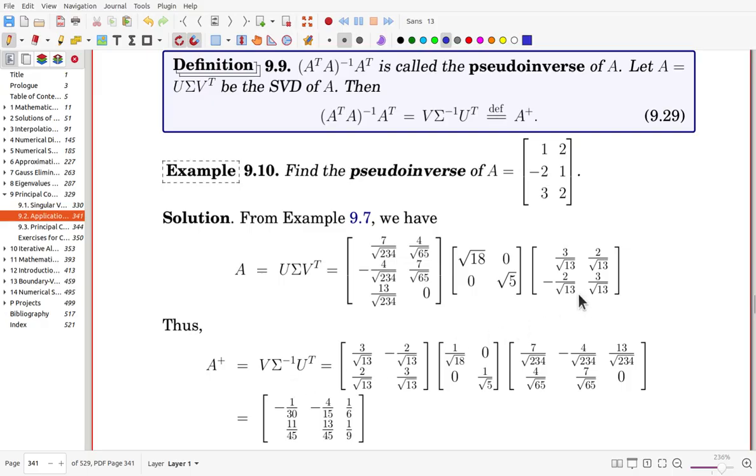Now V is here, and sigma inverse is just along the diagonal. We take reciprocals, and U transpose. The transpose of U is here. Once we multiply, then we can reach this matrix.